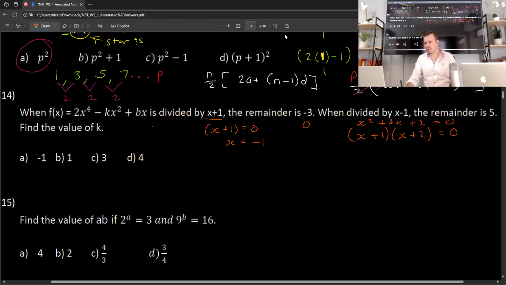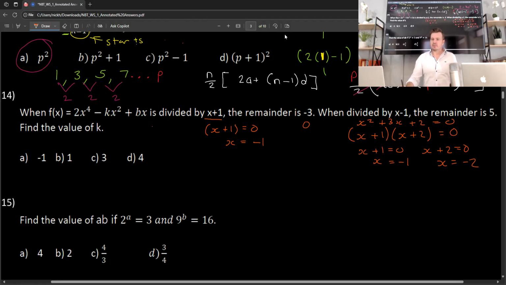So you always get two answers when you do x squared plus 3x plus 2. Obviously, unless your roots are undefined or they're equal, but don't worry too much about that. Here we have two answers. And so when you end up solving, you go x plus 1 equals 0 and x plus 2 equals 0, and x equals minus 1 and x equals minus 2.